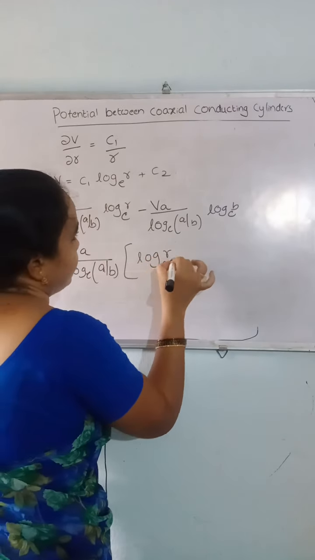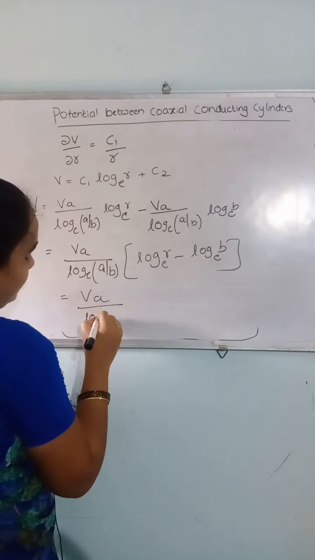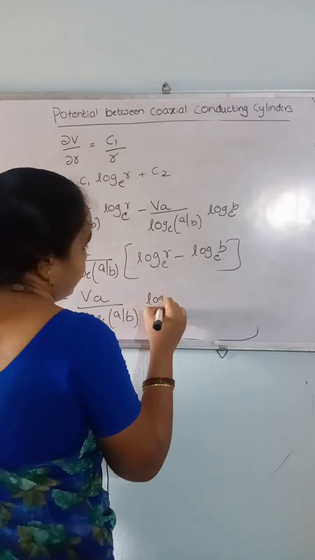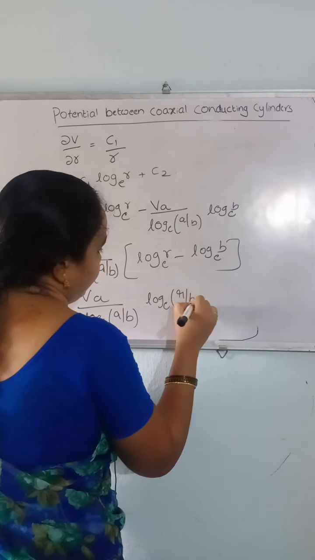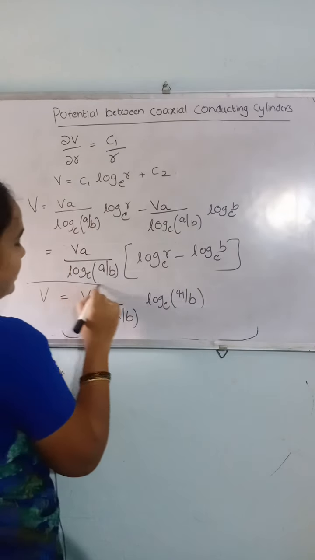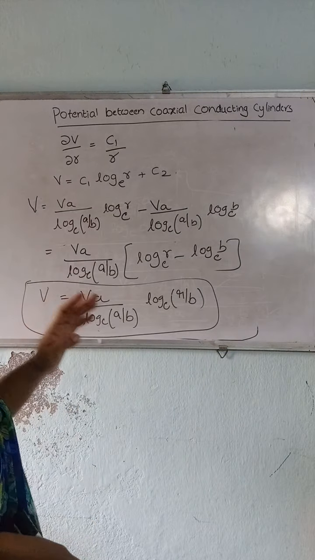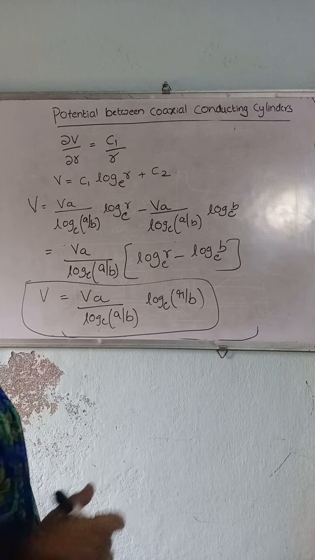That is VA by log A by B times log base e of R by B. So this is the potential between the two coaxial conducting cylinders.